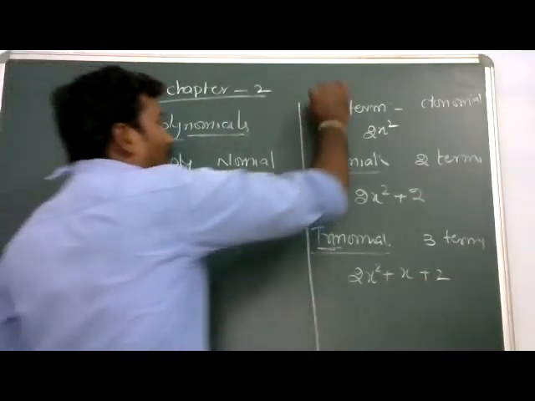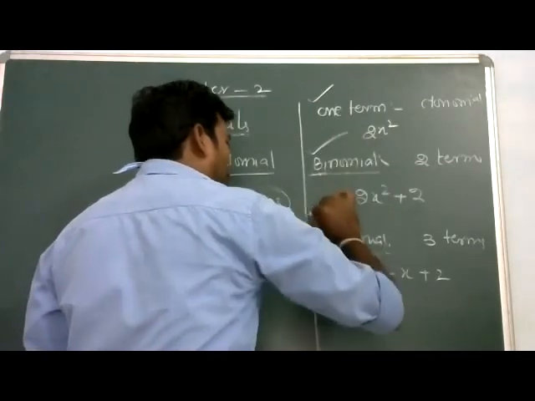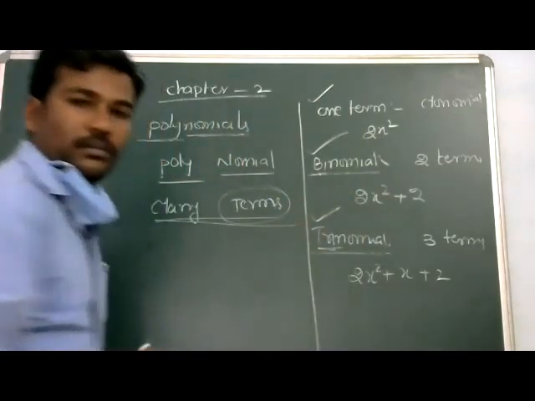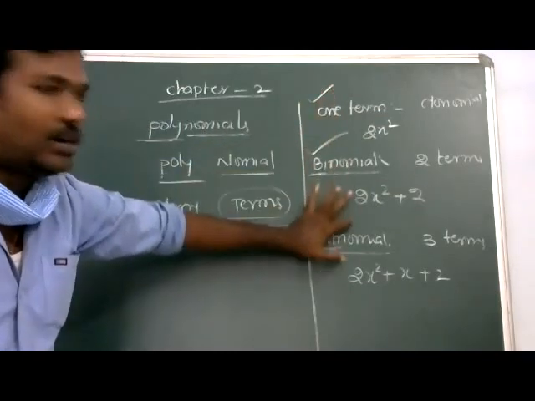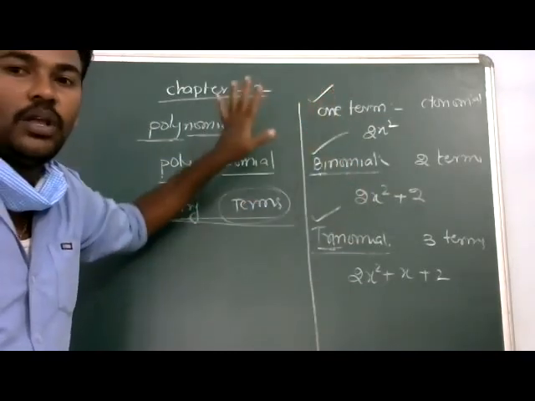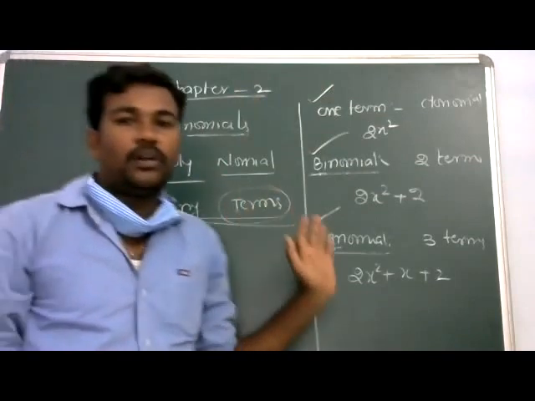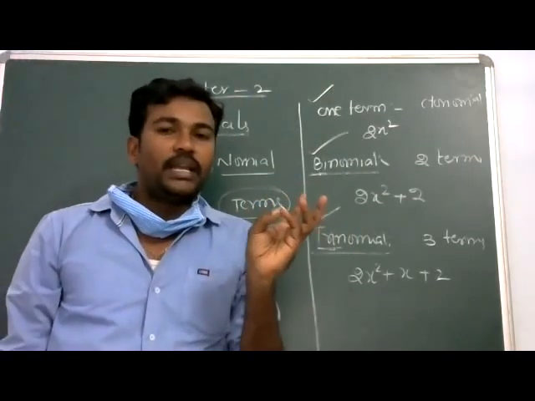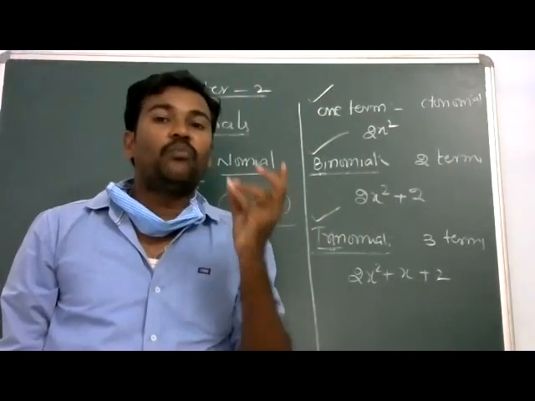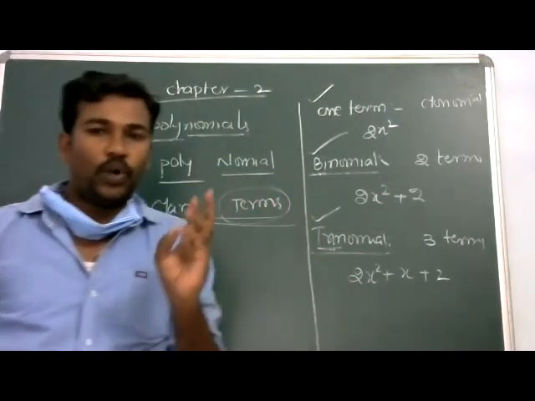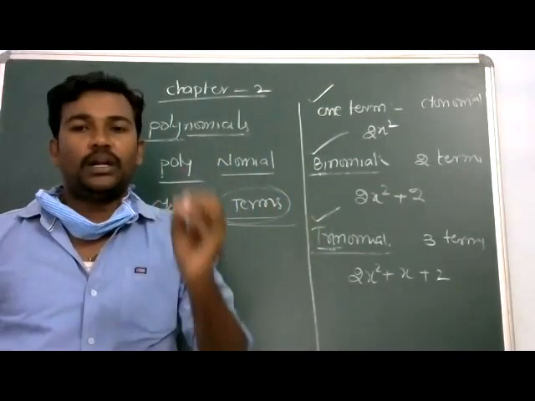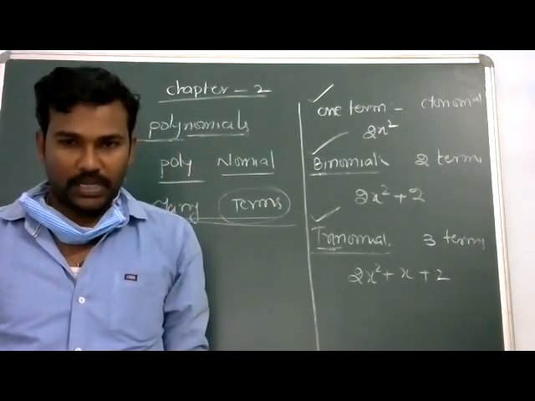Now here you can see monomial, binomial, trinomial, these all are also polynomials. That means a polynomial is an expression containing one term or more than one term.